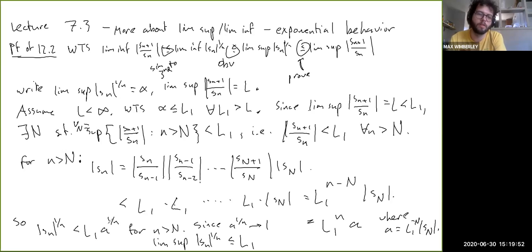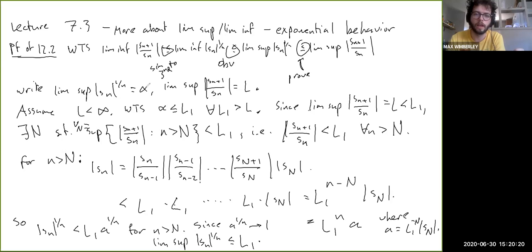There was a theorem in section 9 which stated that this sequence converges to 1. So by theorem 12.1, we can take the lim sup on both sides, and the lim sup on this side is just going to be L1, right? So we end up with the lim sup of Sn to the 1 over n being less than or equal to L1, which is what we wanted to show.